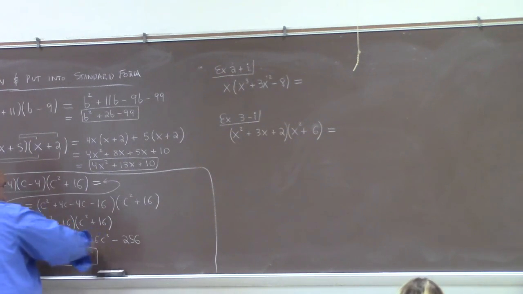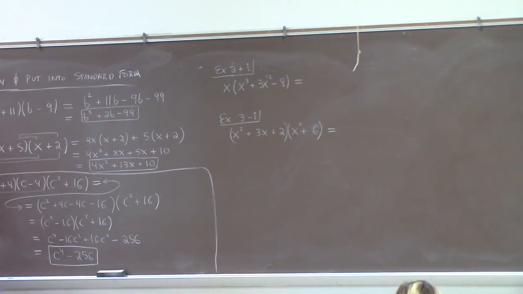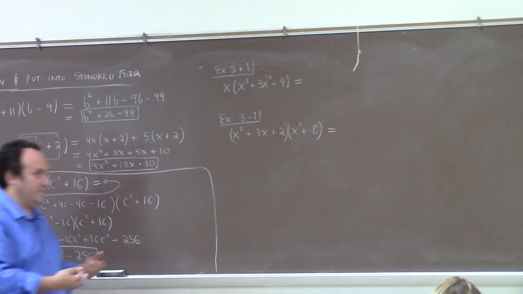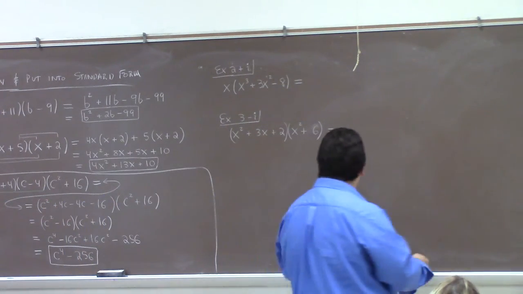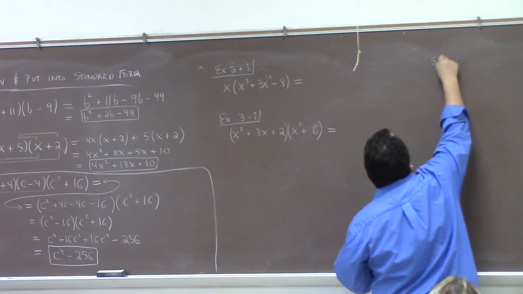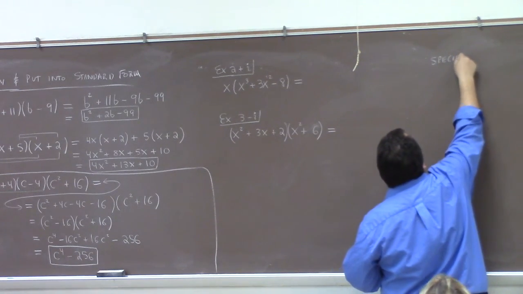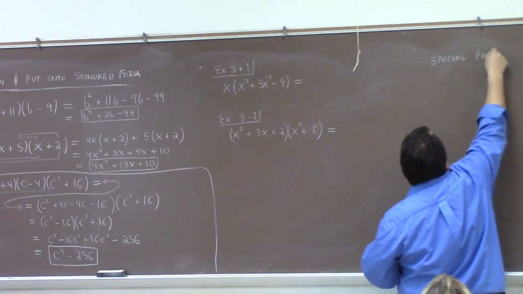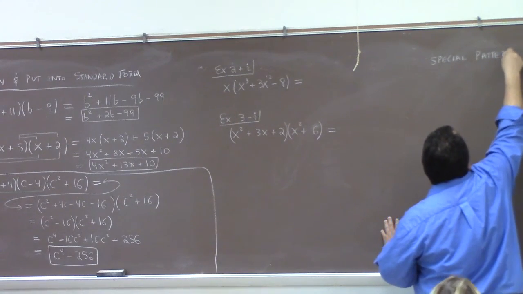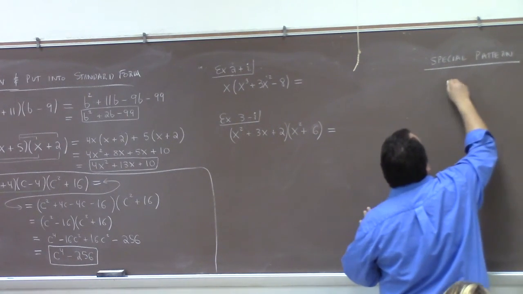There you go. Very good. Listen, there's a pattern here we need to take note of and to be looking for and to use, right? There's a special pattern. What is it? How about this?